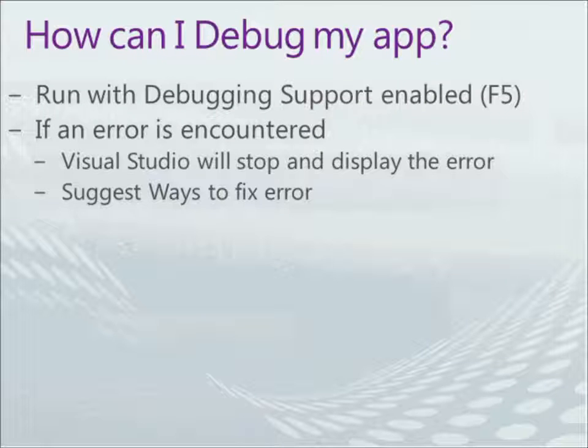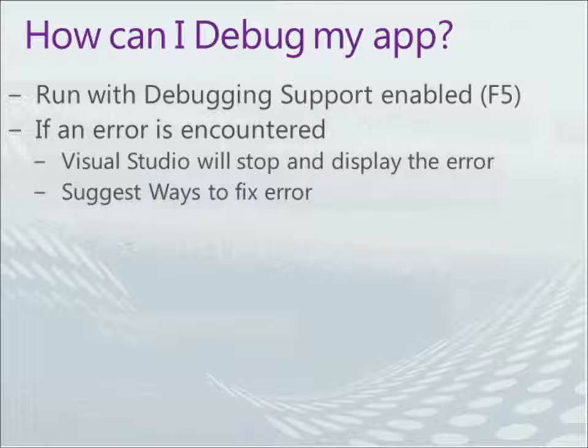When an error occurs within your application, for example, a mathematical overflow or something like that, that the application has not been designed to deal with, Visual Studio will intercept any exceptions that are thrown that were unhandled by your application, and it'll display a very nice friendly dialog box letting you know that that particular error occurred and some suggestions on ways to fix the error.